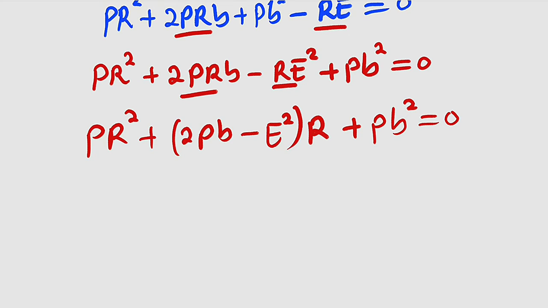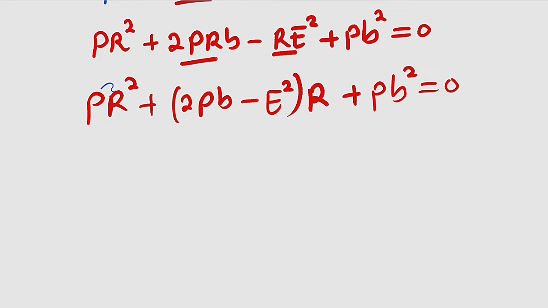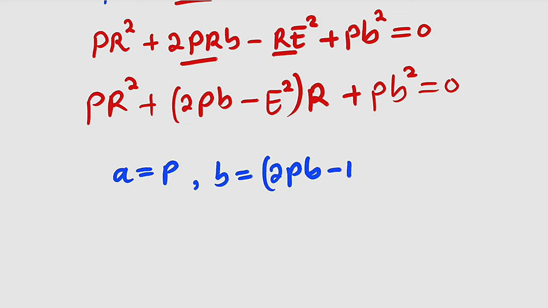What can you see here? It is nothing but a quadratic equation in terms of R. So it's like solving for R. Remember that the leading coefficient is always denoted by A, and we have it here as P. So A is equal to P. B is always the coefficient of the middle term, and the coefficient of R would be 2PB minus E squared.